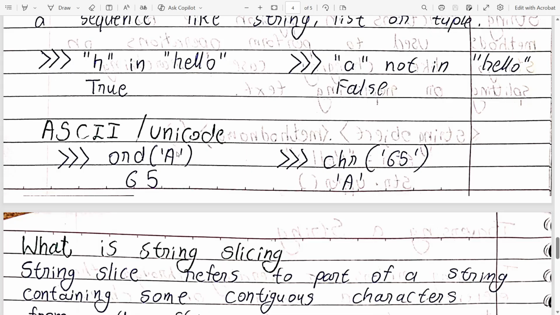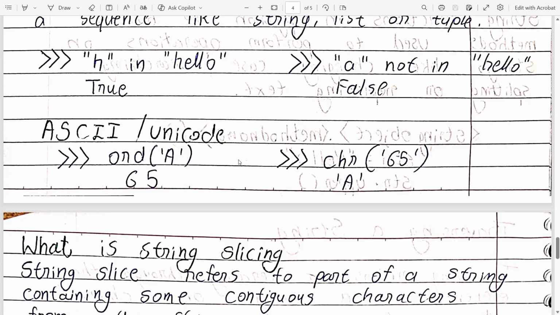Now let us study ASCII or Unicode. ASCII is also known as American Standard Code for Information Interchange. There are many characters present, and all characters have been provided a unique value. They are known as ASCII values. Languages use ASCII values for exchanging information between them.